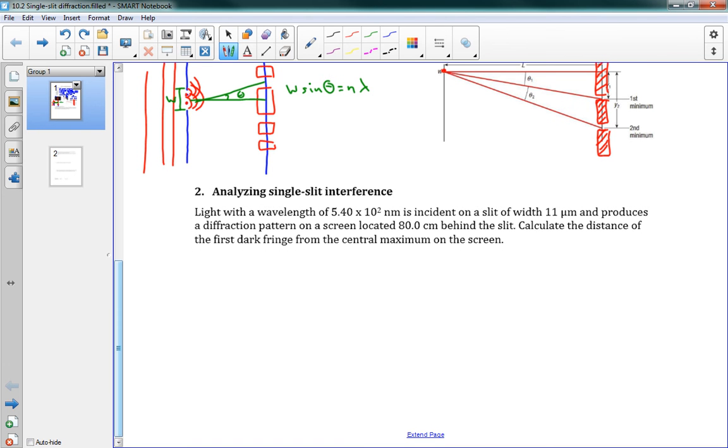The first one says, analyzing a single slit interference. So light with a wavelength of 5.4 times 10 to the 2 nanometers is incident on a slit with width of 11 micrometers and produces a diffraction pattern on a screen located 80 centimeters behind the slit. Calculate the distance of the first dark fringe from the central maximum on the screen. Okay, so we'll draw this situation here. I have my slit. I know that the width of that is W, 11 micrometers.